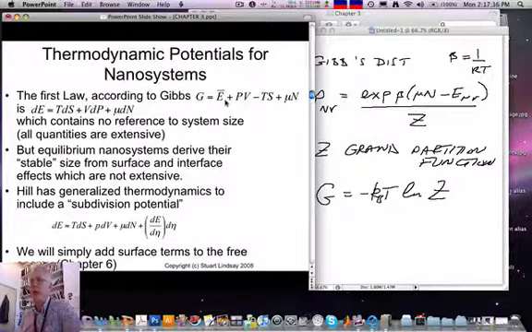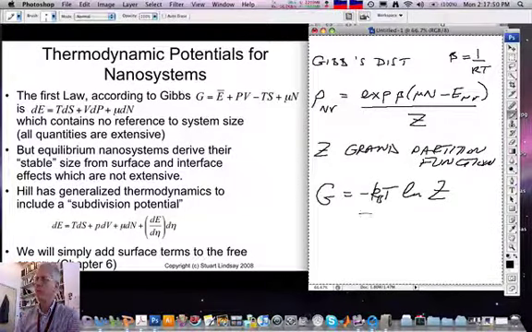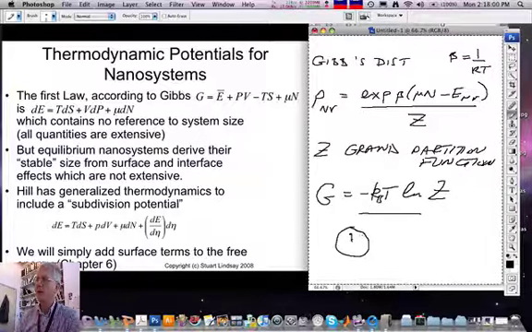I want to end with a note about nanoscale systems. Macroscopic systems are characterized by the fact that the thermodynamic quantities are all extensive. Double the size, one doubles the energy of the system. In a nanosystem, the size of the system plays a key role because in a nanosystem, in addition to the interaction energy represented by this mu that you may have between particles in the bulk of the system, you have a different interaction energy between particles on the surface of the system because they now no longer have partners surrounding them.